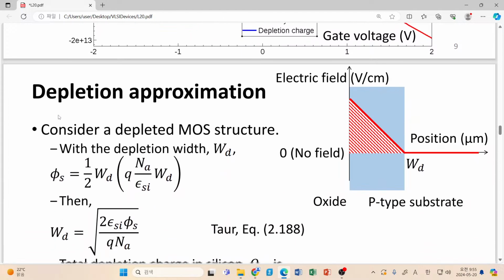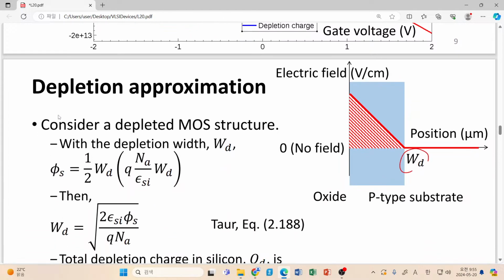Simply speaking, if we consider a certain depletion width, then beyond this point our net charge density is once again 0, and in this part we have fully negative charge corresponding to minus Q times Na. This is the net charge inside our depletion layer.